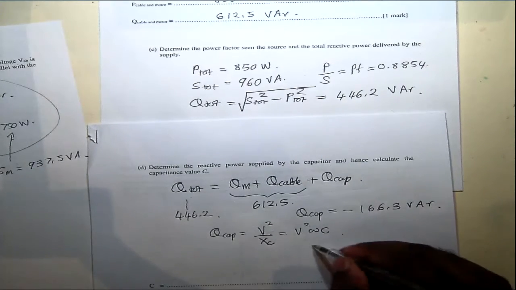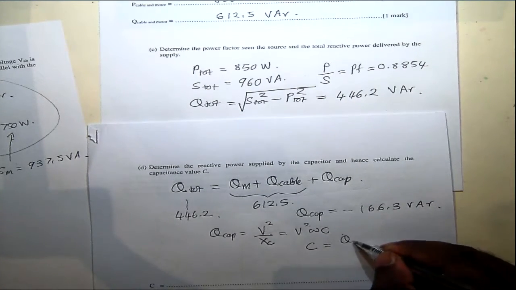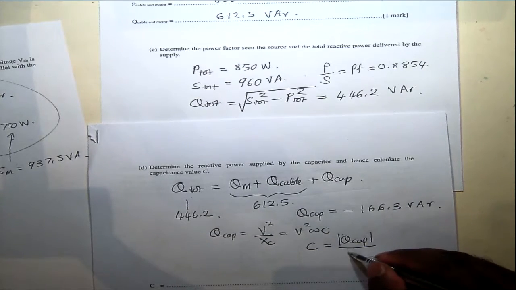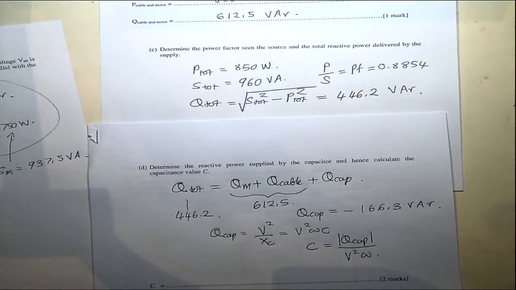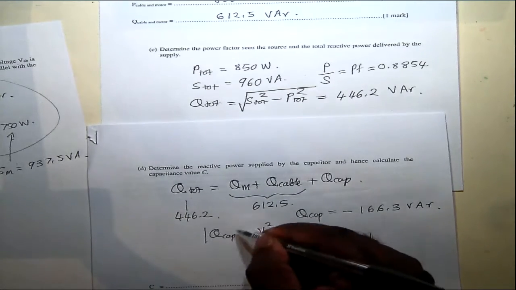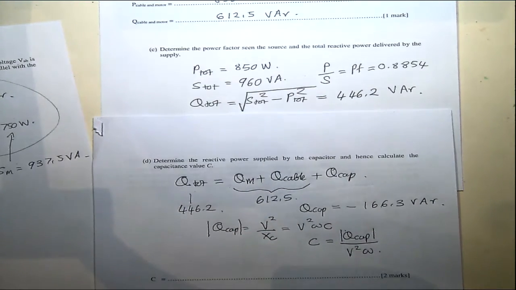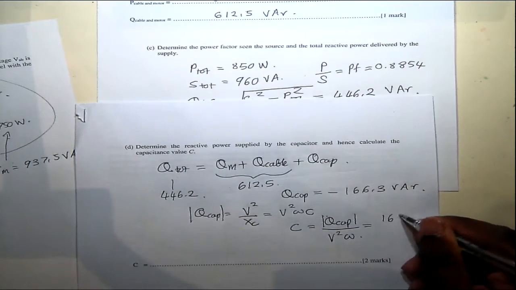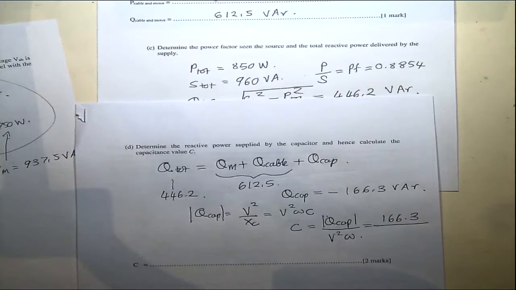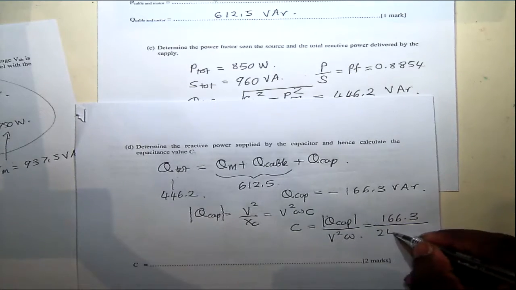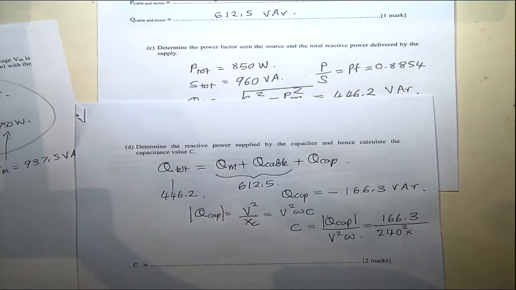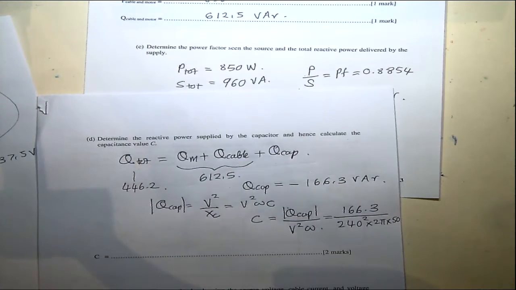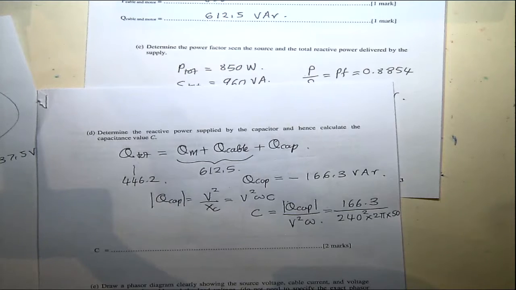So then the capacitance value will be this magnitude divided by V squared omega. So this is basically the magnitude of reactive power supplied by the capacitor. So we have 166.3 here, and then V squared is 240 squared, 2 pi f. So that's 2 pi 50 here. Gives you the value of capacitance.